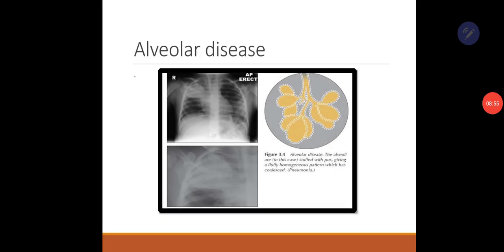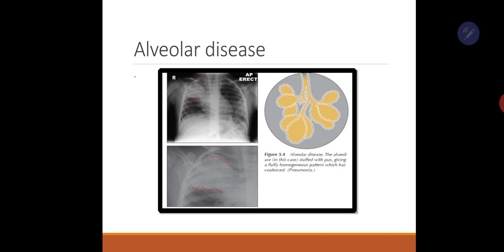Now look at this X-ray. You can see a large patch or opacity. This is a fluffy homogeneous pattern, which is a large one because of the coalescence of all the shadow caused by the pus filling the alveoli.